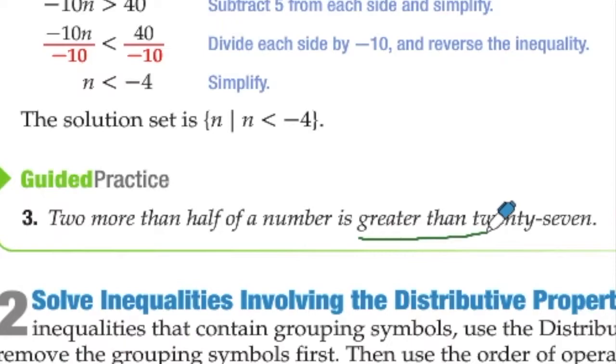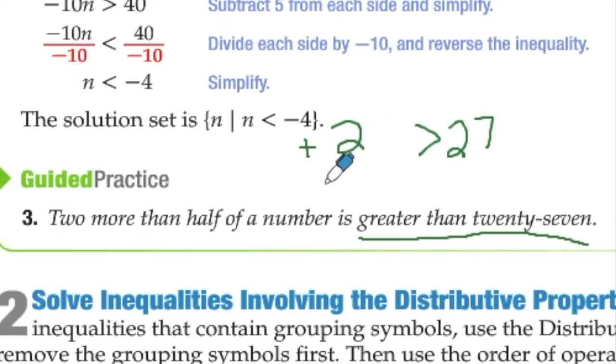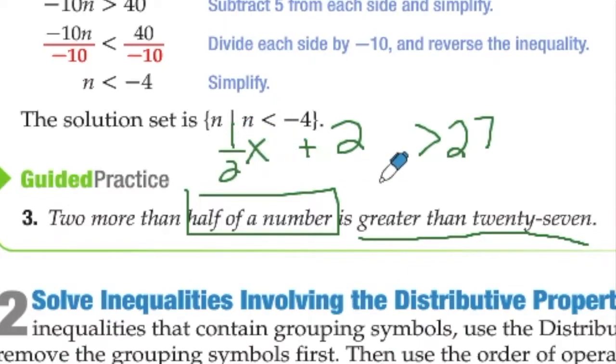What pops out at me right away is greater than 27, so I know that that's going to look like that. And then 2 more than, so that would be plus 2, and half of a number. So I could write that as 0.5x or 1/2 x. Either one of those would be acceptable.